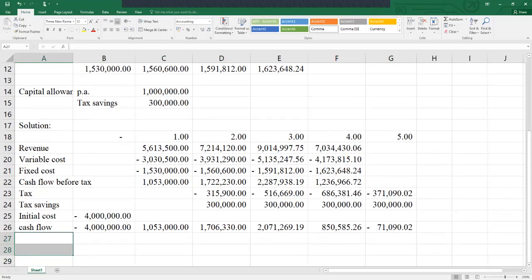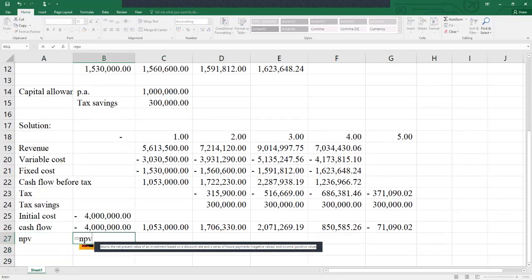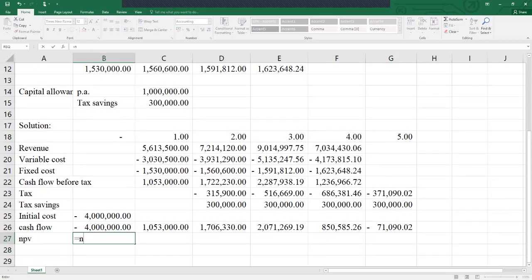So I remove all that and I say NPV equals NPV. Excel gives you the formula with it. Let me repeat, equals NPV. Then you define the rate: at what rate do you want to discount the cash flows? 12%, therefore 0.12. Then you define the cash flows from year 1 all the way to the last year.